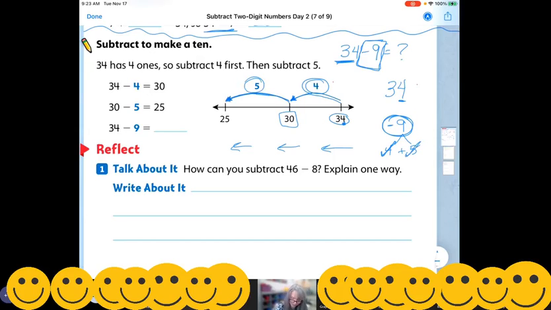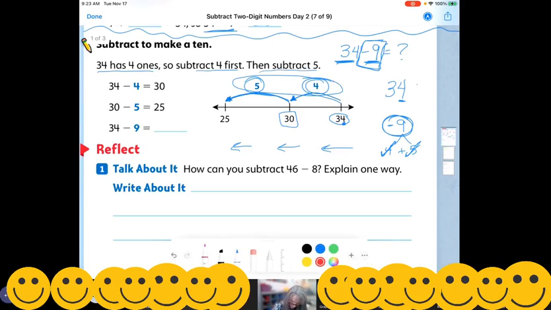So I know that when I add 4 plus 5, I'm going to get 9, and that's what I have. 34 take away 9. So when I look at my equations to the side, it tells me because 34 has 4 ones, I'm going to subtract 4 first. Then I will subtract the rest of it, and I'll subtract the 5.